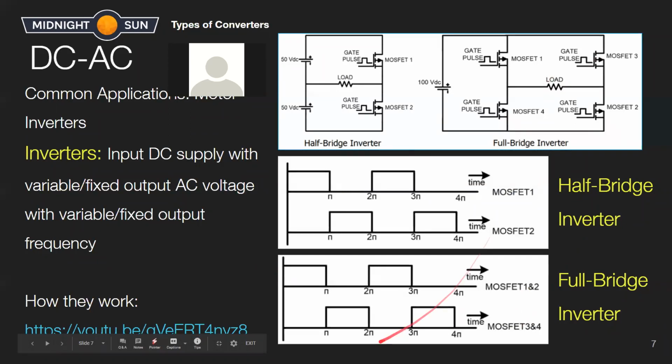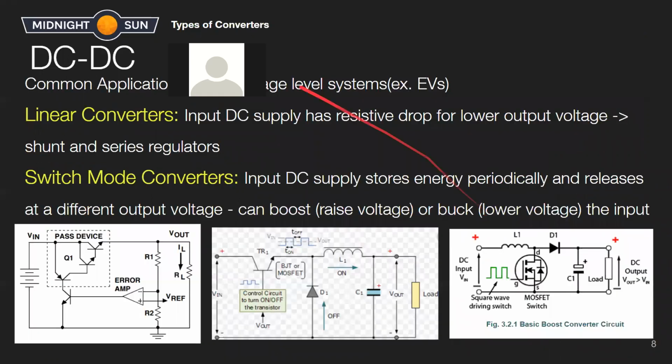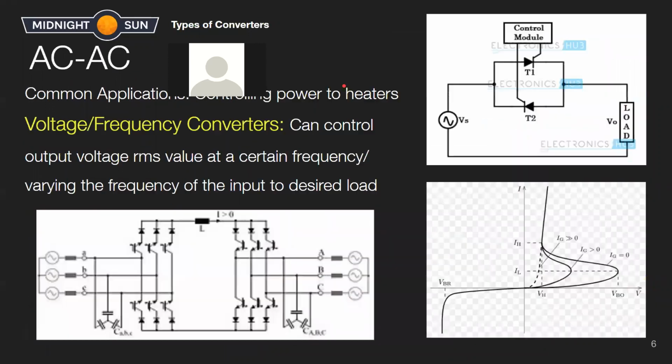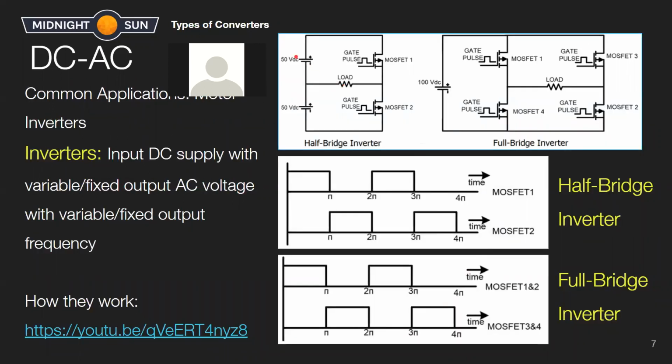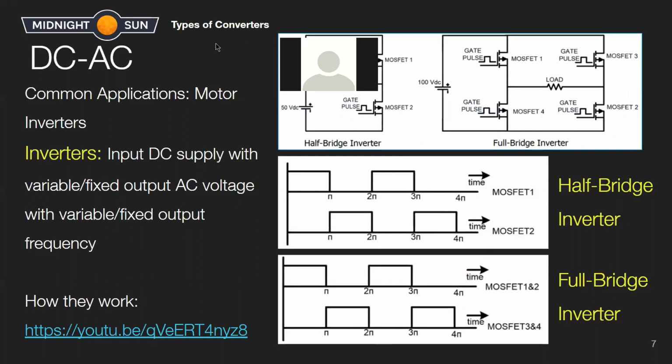And again, we are turning them on at different cycles, but that provides us the path for having the oscillation in terms of supplying the load. So yeah, I would strongly suggest checking out the YouTube video.